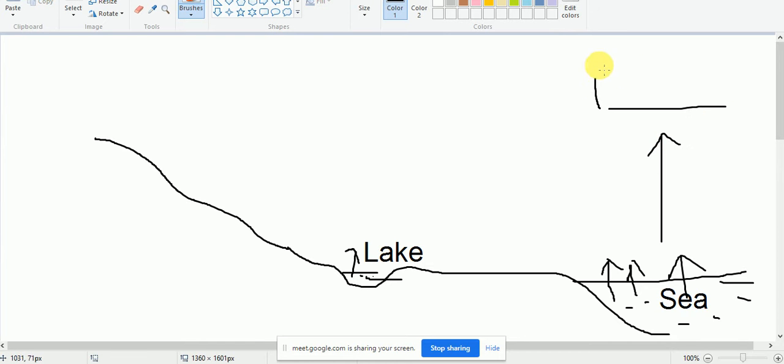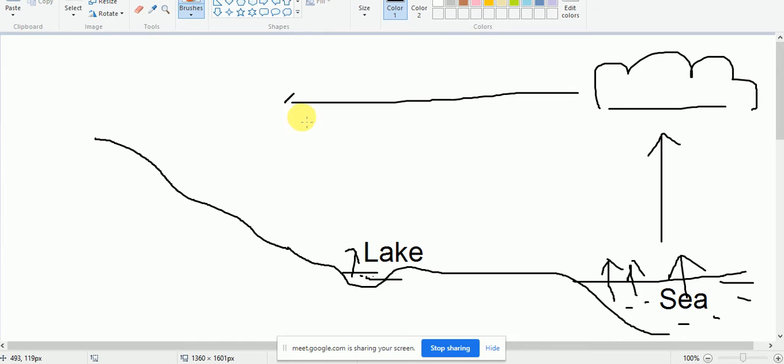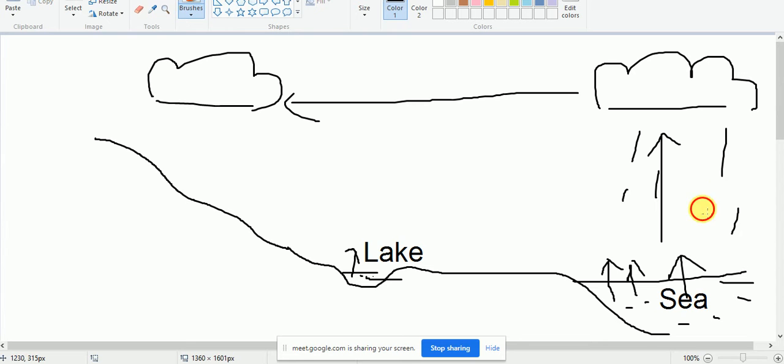This water vapor will be rising upwards. Then here in the sky, cloud will be formed, and this cloud may be carried towards the land, towards the mountainous area. And here on the sea also we may have rainfall from the clouds, and when the rain-bearing wind blows towards the land, then again there will be cloud formation, and there will be rainfall here also.